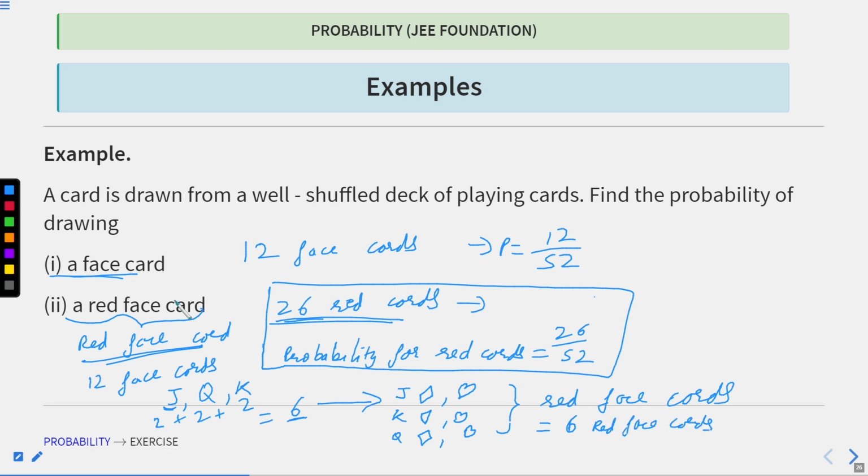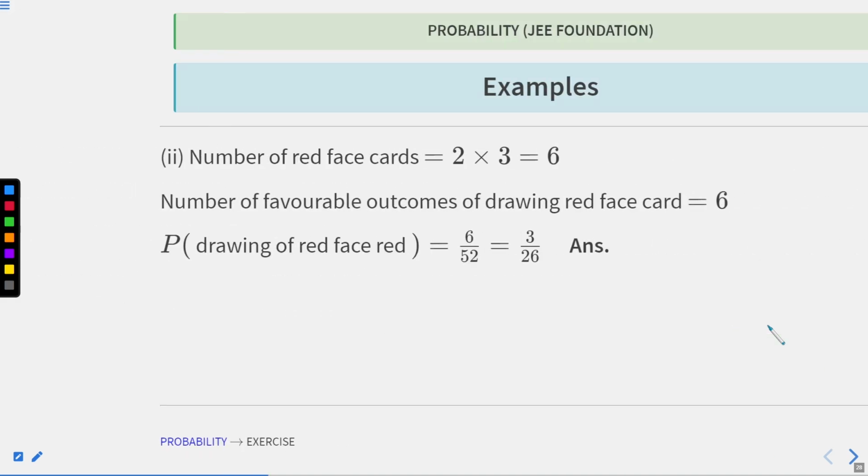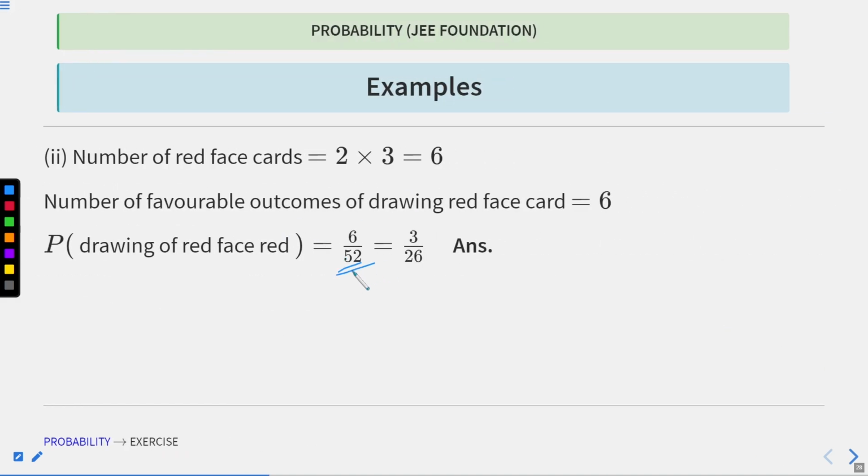The answer for this will be 6 by 52. I just misunderstood our question. I hope this is clear to you.